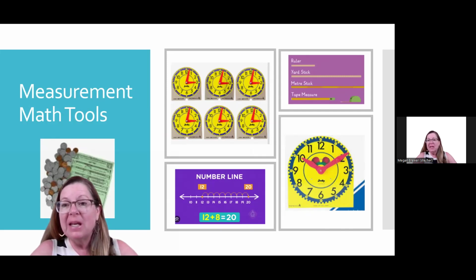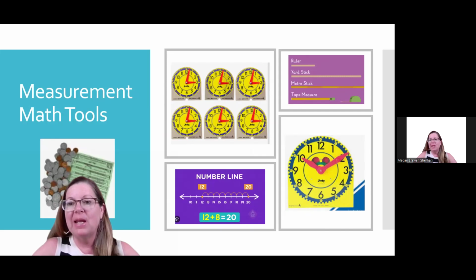You also see money on the screen, play money. So here's a second grade measurement standard around money. Solve word problems involving quarters, dimes, nickels, and pennies using the dollar sign and the cent sign symbols appropriately. So again, play money can be very useful here.